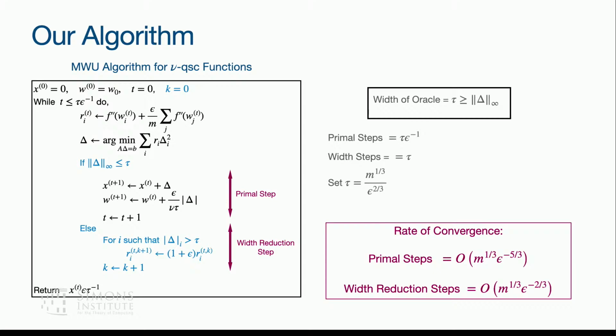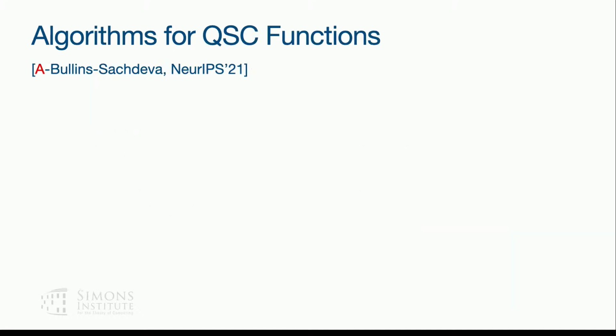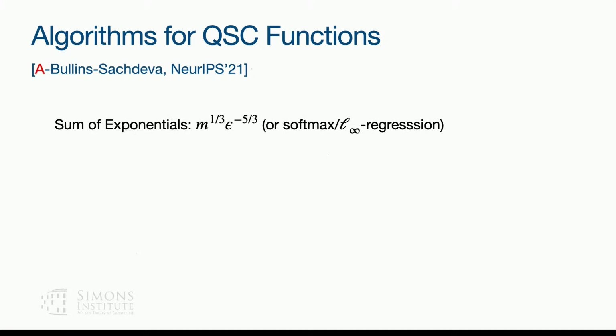So these kinds of algorithms have actually been seen in many contexts. We have seen them for max flow. They have also been seen for some matrix scaling and operator scaling kind of problems.